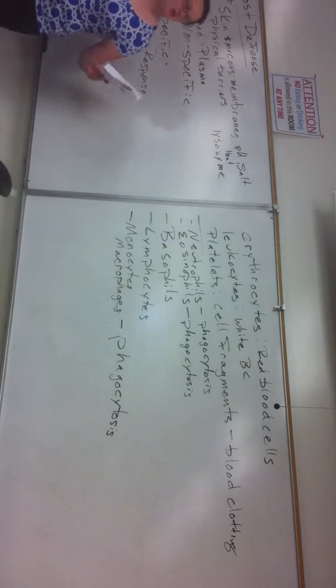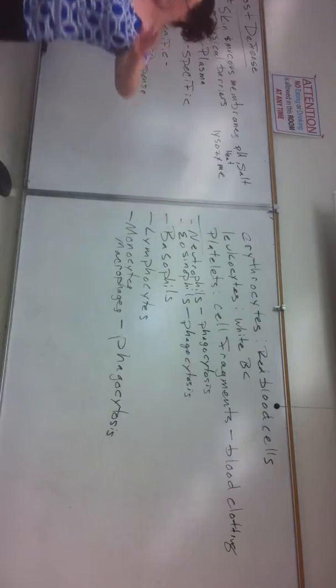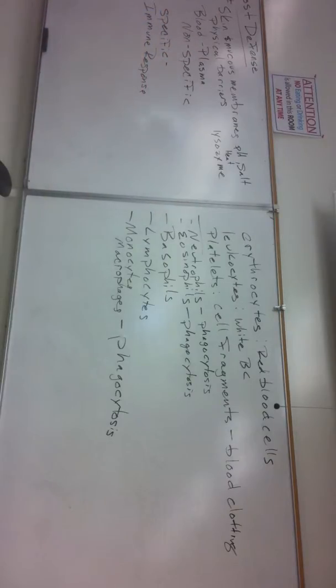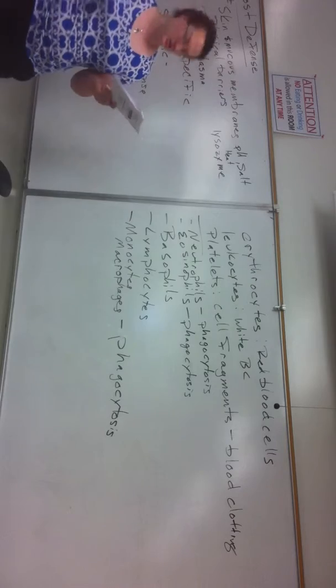Those three are involved in phagocytosis. They're going to eat something. Specifically, these will go for parasites, but in general, those three classes of leukocytes, their job is to eat something. Okay. Basophils, what are these for? Inflammation, okay.